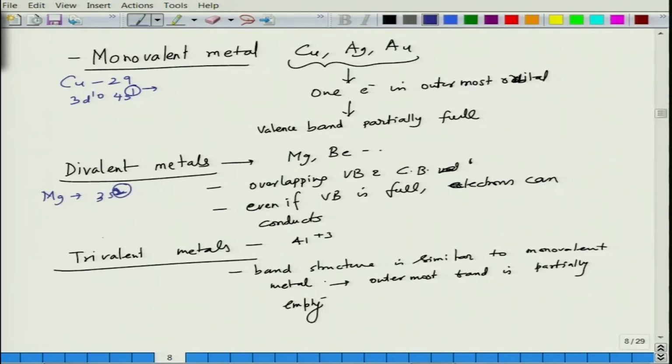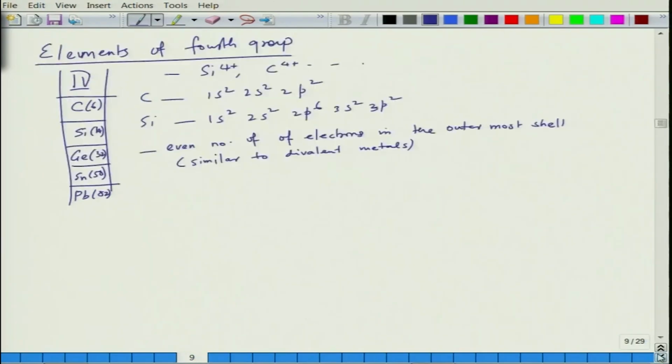Aluminum, which is 13, is 3s2 and 3p1. In the case of silicon and carbon, there is an even number of electrons in the outermost shell, and as a result the valence band is full.